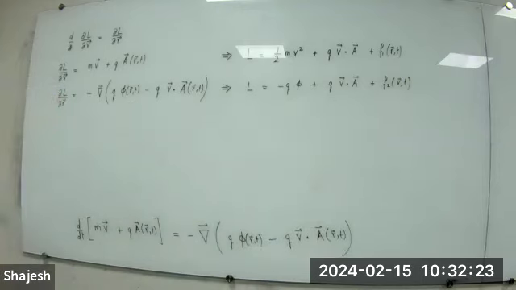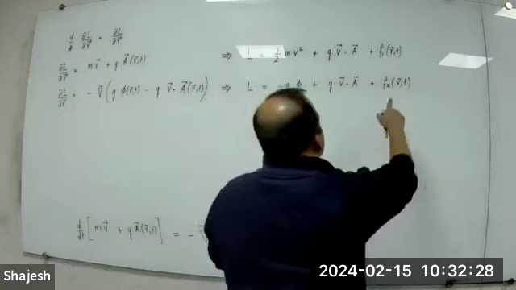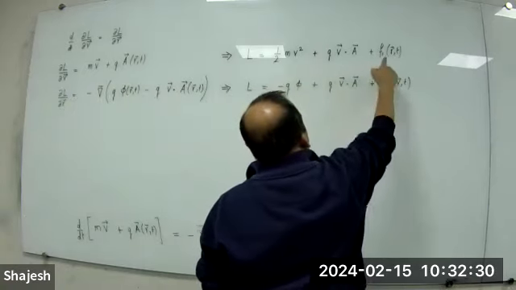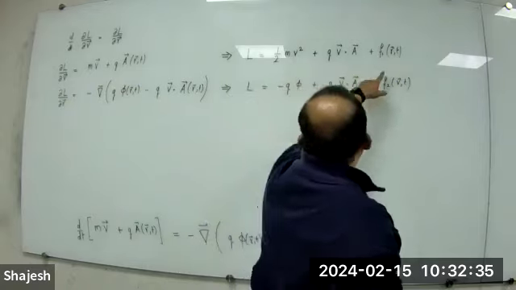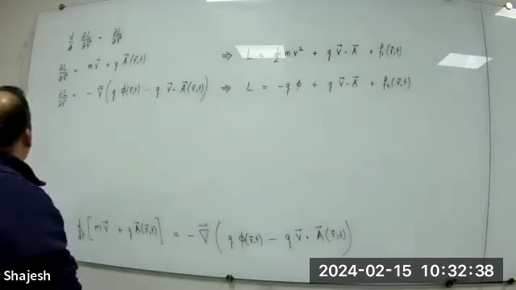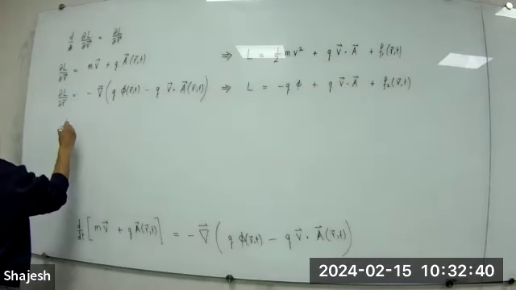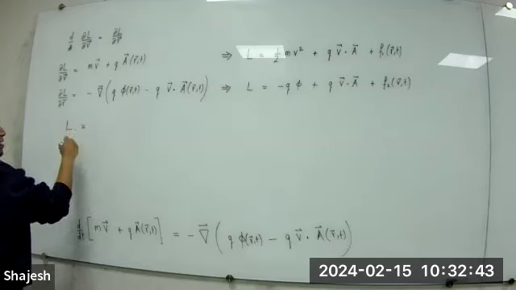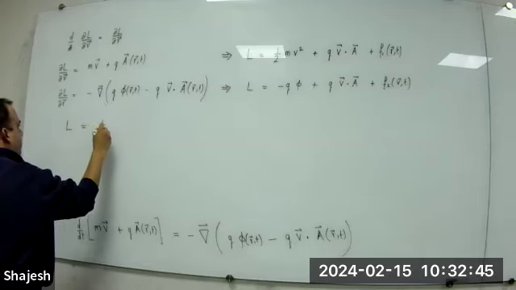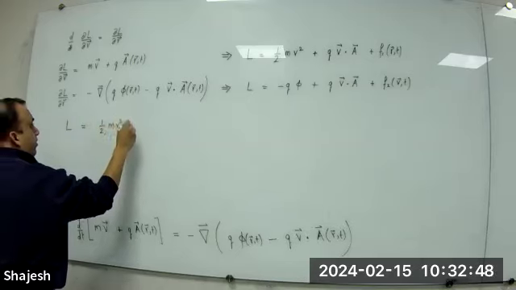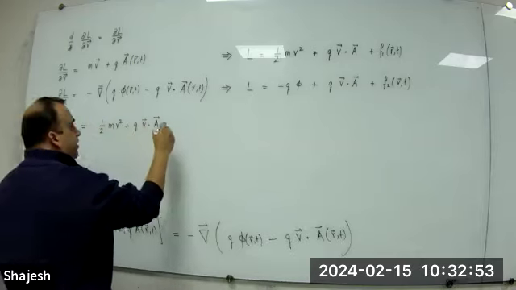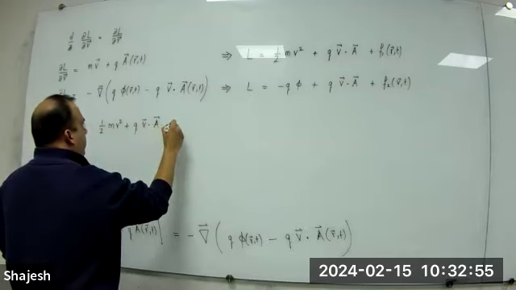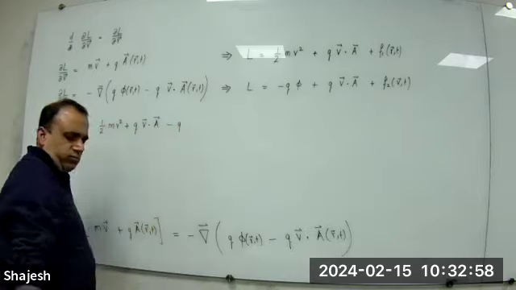So together it seems like this could be this, and this could be this. So the total Lagrangian apparently could be, and then we have to check it, half mv squared plus q v dotted with A, minus q phi.